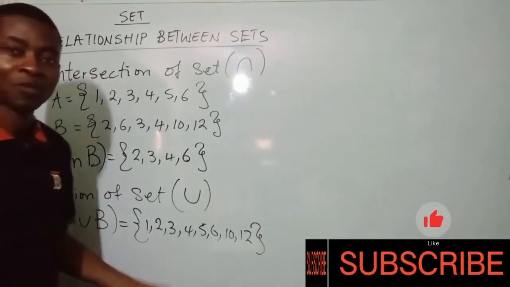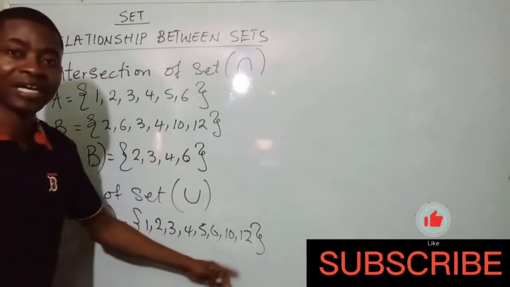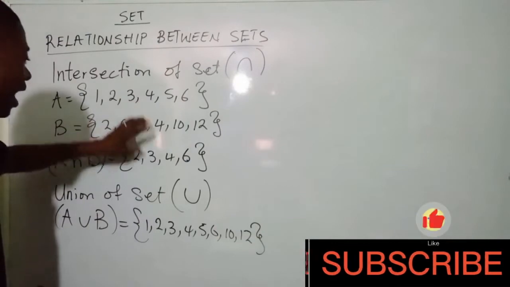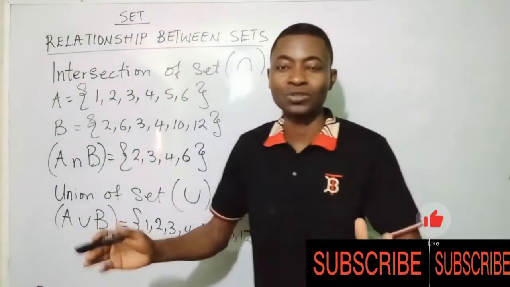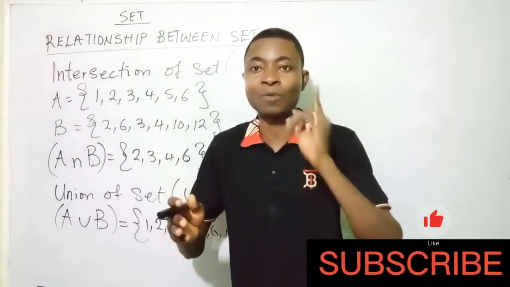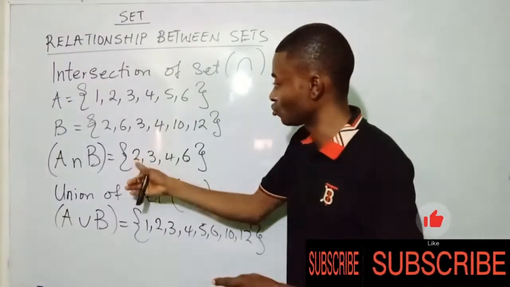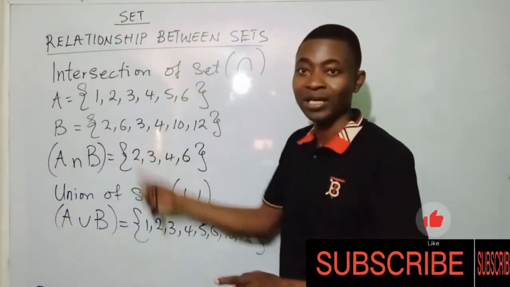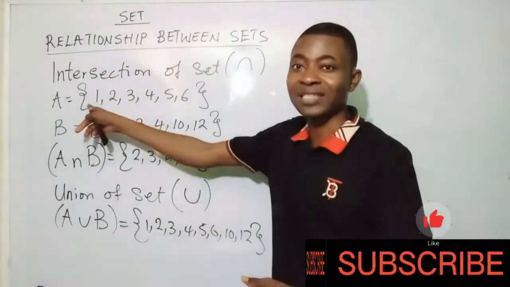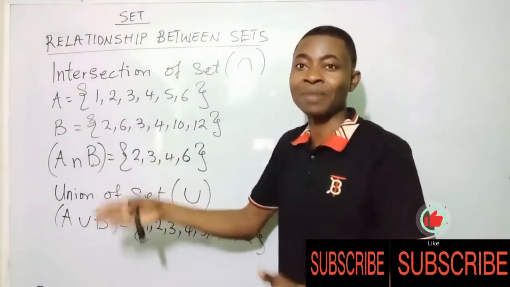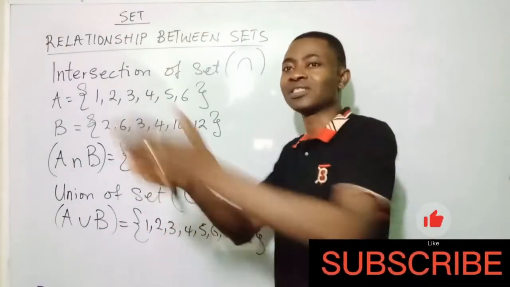So that is A union B. It means all the elements you have in A and all the elements you have in B, list all of them out. But bear in mind that you are not going to repeat any. Like for instance, you have 2 here and 2 here, you're not going to repeat it twice. Then you must list out all the other elements that are in set A but not in set B, or that are in set B but not in set A.